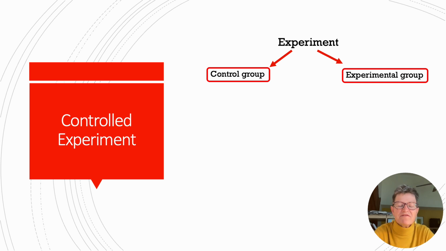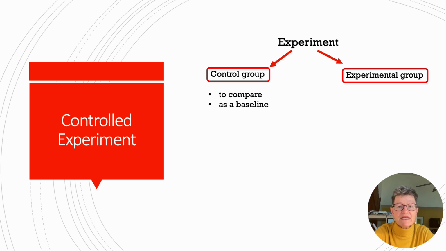Imagine you are investigating the impact of a fertilizer on plant growth. The experimental group receives a dose of the fertilizer while the other group, the control group, does not. Why is this seemingly plain group so important? It serves as a baseline, a point of reference for the experiment.